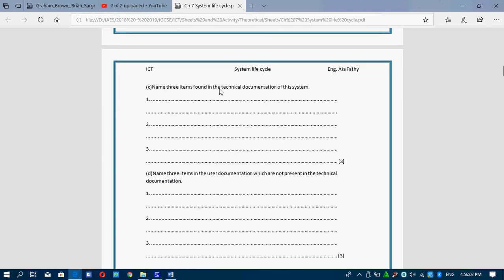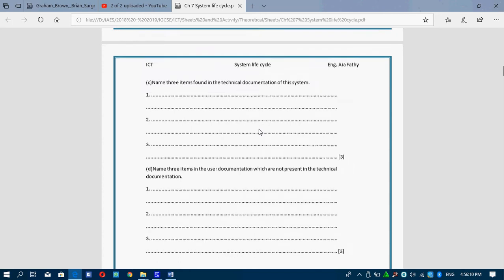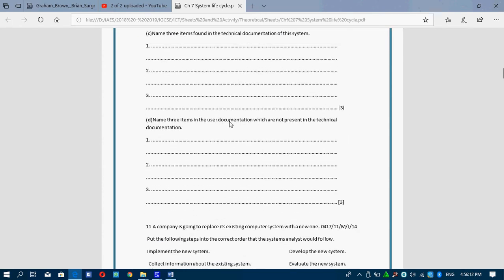Name 3 items found in the technical documentation: flowchart, list of variables, programming language. Name 3 items in the user documentation which are not present in the technical.